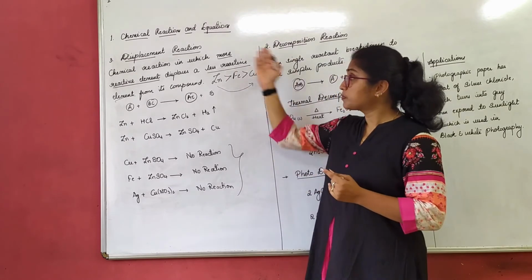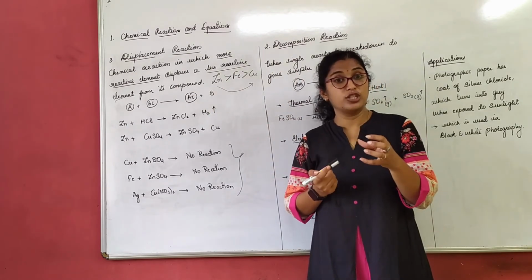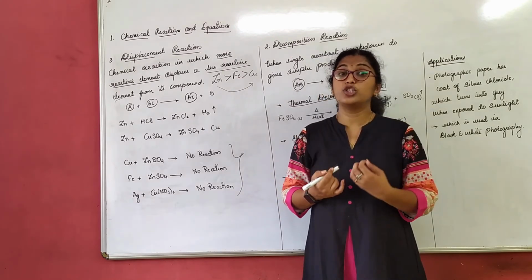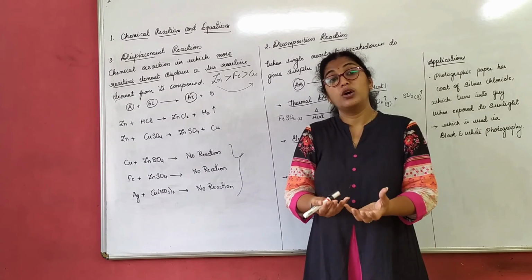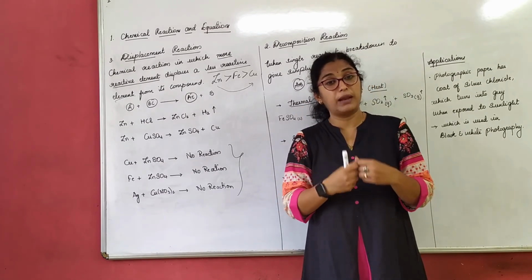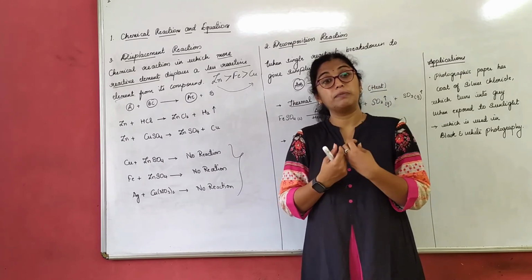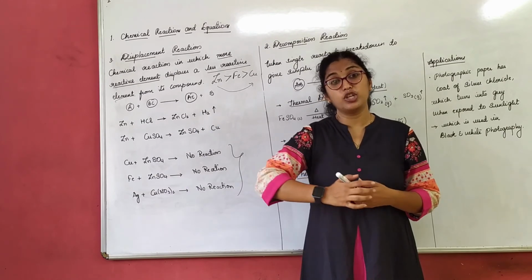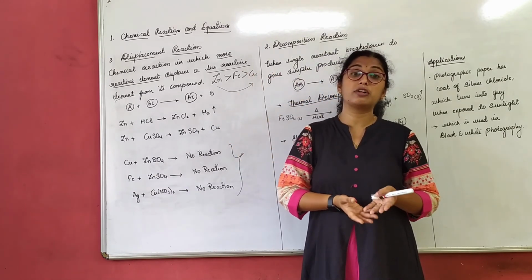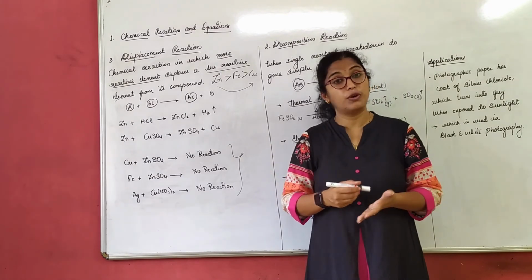Along with that, as we study types of reactions, there are some reactions which involve energy. There are reactions which take energy, or work only when energy is supplied to them, which are endothermic reactions, and reactions which release energy when they take place are called exothermic reactions. We will be doing that in tomorrow's class.